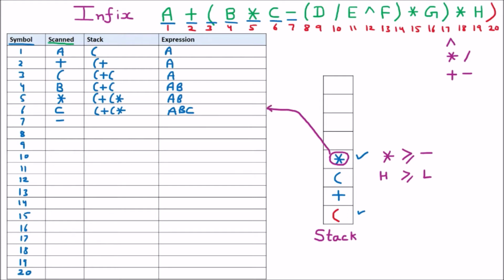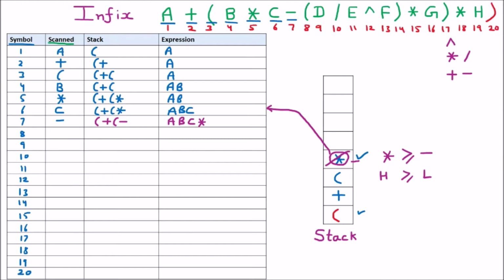That means this star is now not part of the stack and it comes after in the postfix expression. So the postfix expression will now become ABC star. And now in place of this star we can push the next operator, which is minus. So in the stack we have bracket plus bracket minus. This is how we put the minus onto the stack.